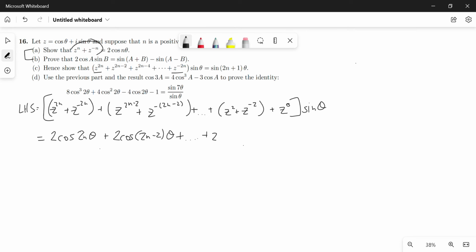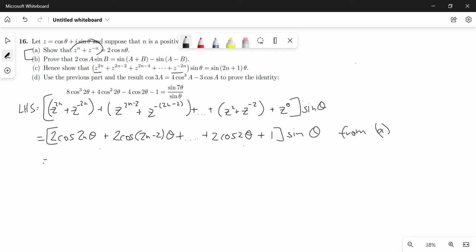And the last one will become 2 cos 2 thetas, because my n there is just 2. So this is all from using A. And then I'll get a 1, because anything to the 0 is 1, sine theta. And as I usually forget to say, we're using A to do that.